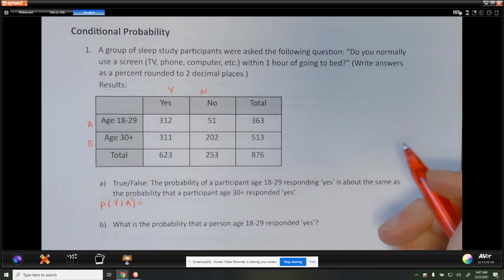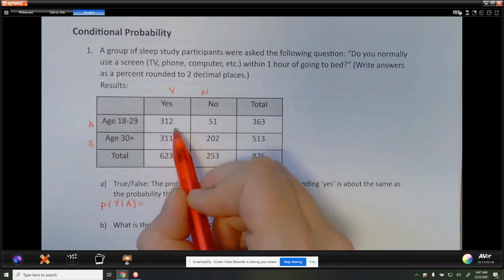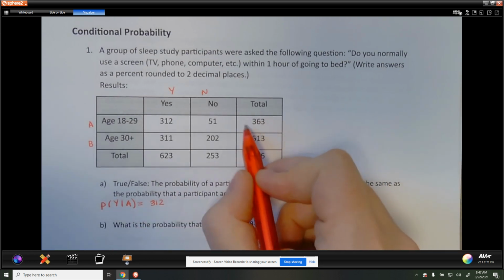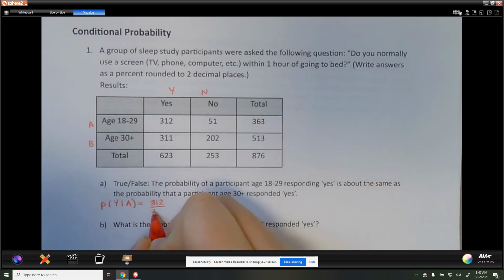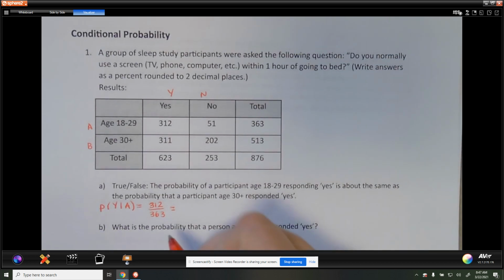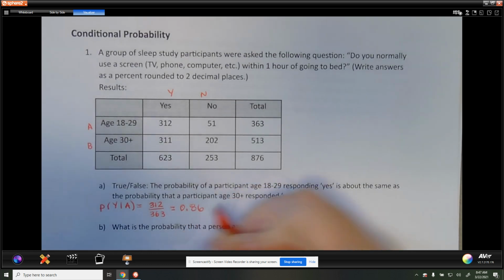All right, so this would be 312, that's our overlap, out of 363 total that are in that age group. So that is 312 divided by 363. I'm going to round this to 0.86.